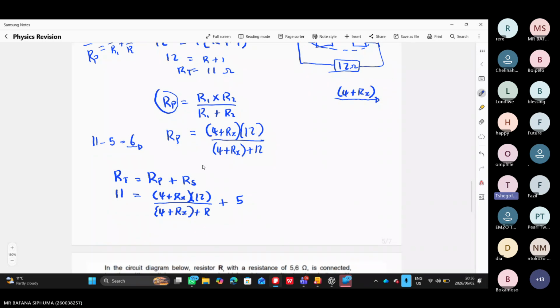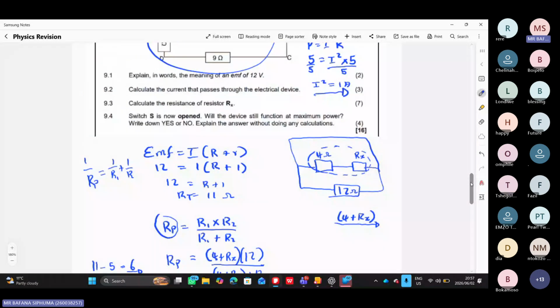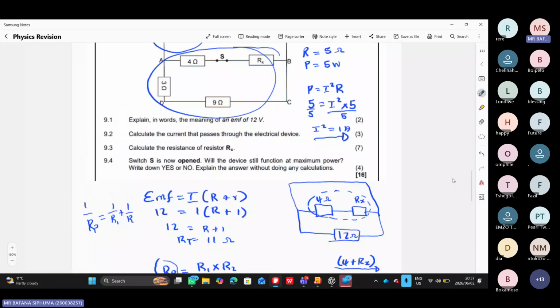Is this RT, or is it supposed to be R external? You mean this one, the 11 ohms? Yes, the one that we got as 11, our RT, our total resistance, the total external resistance.